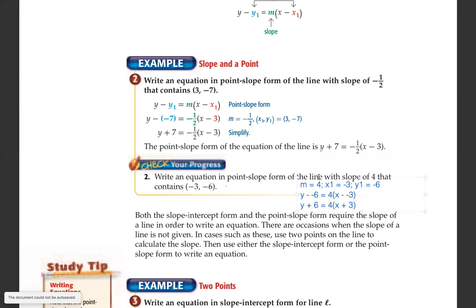So y plus 6 equals 4 times x plus 3. So this is now the equation of the line that contains this given slope of 4 and has negative 3, negative 6, or passing through the point whose ordered pair is negative 3, negative 6.